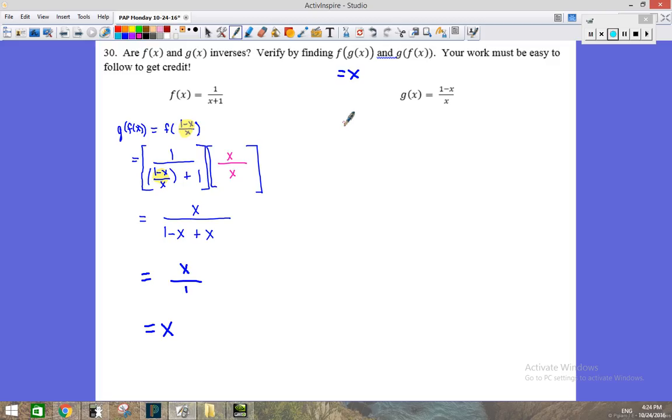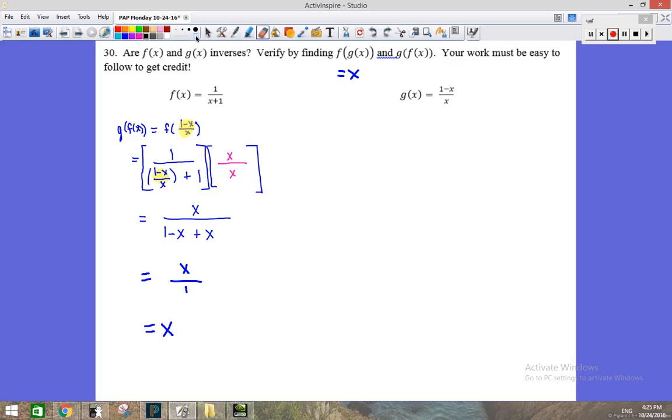This time, however, we want to take g and plug it into f. So g itself is this fraction. And what does f do to the input? Well, wait a minute, I'm doing the same thing. So did I mislabel this?